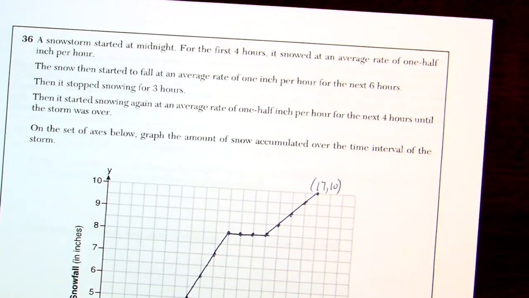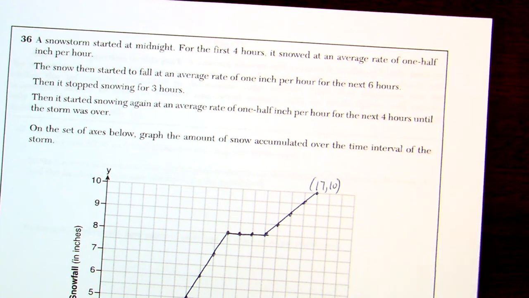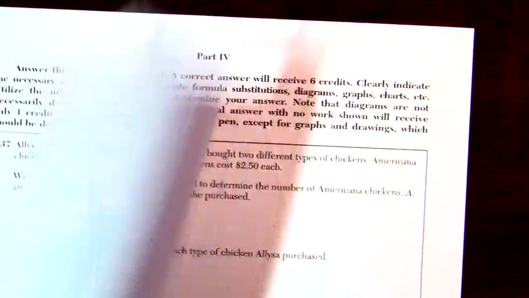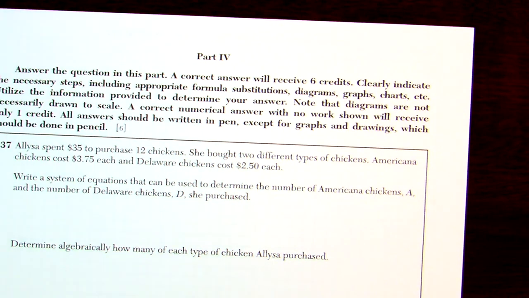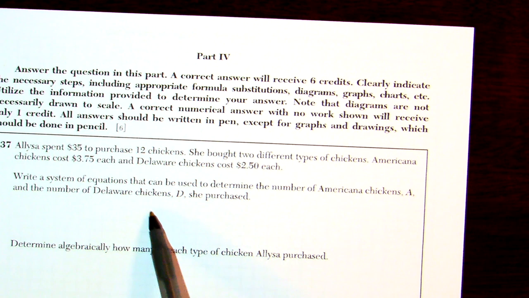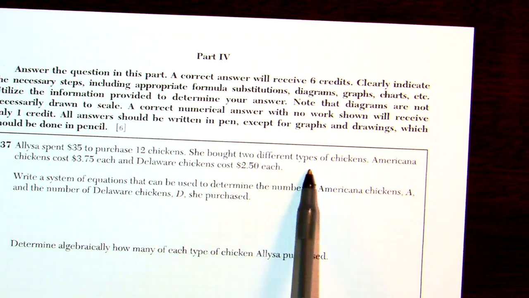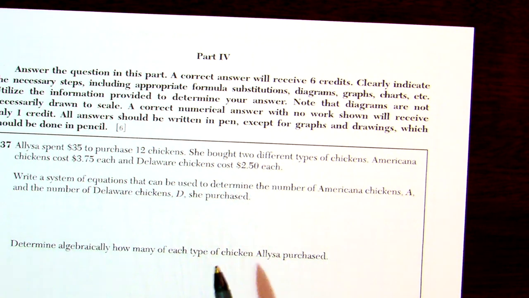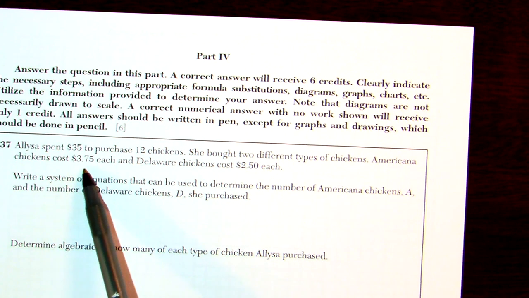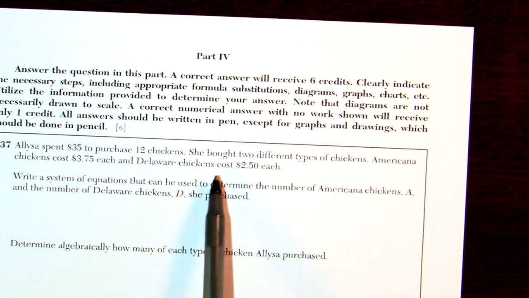Moving on. Last question. It says Alyssa spent $35 to purchase 12 chickens. She bought 2 different types of chickens. American chickens cost $3.75 each, and Delaware chickens cost $2.50 each.